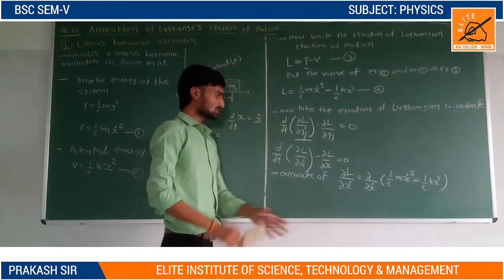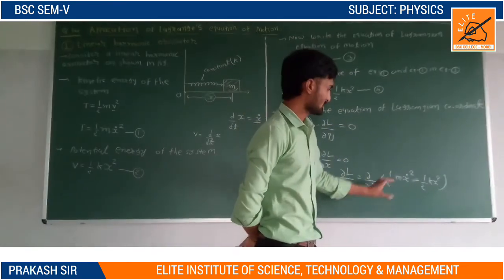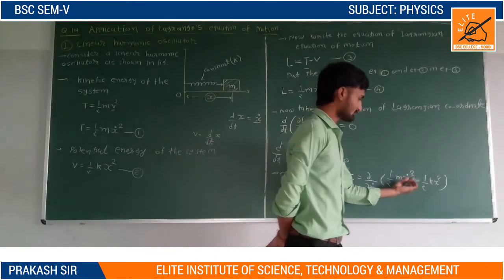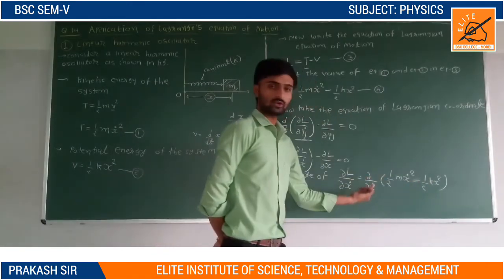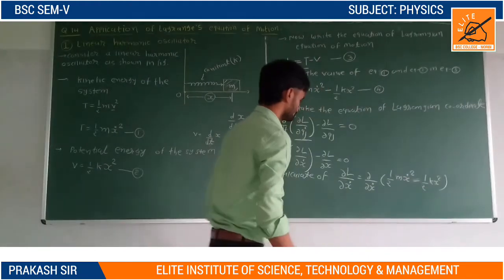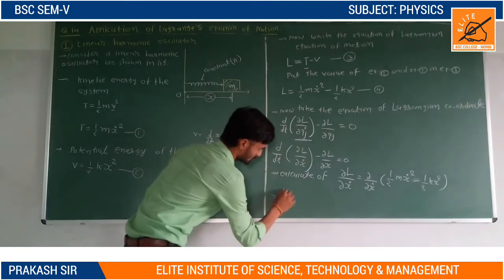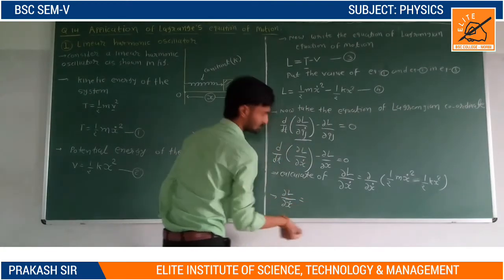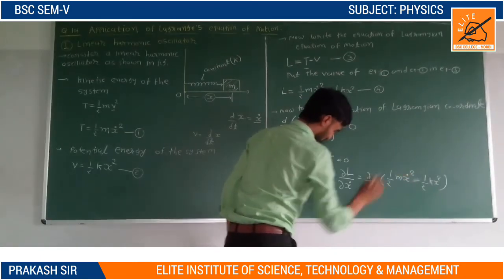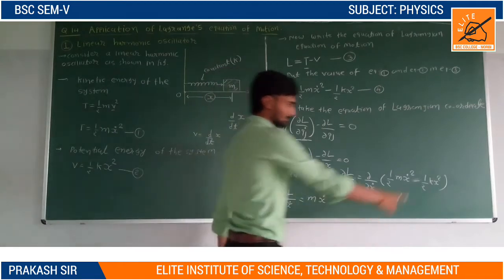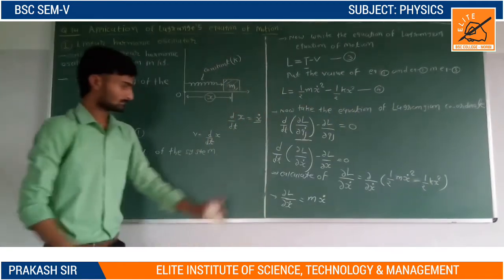Now the derivative of x dot square with respect to x dot gives 2 x dot. Now this term is 0, so no need to write it.